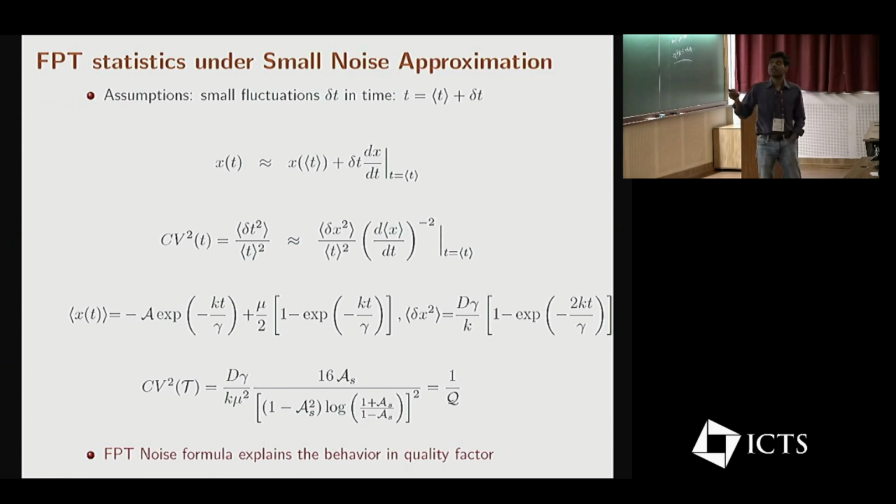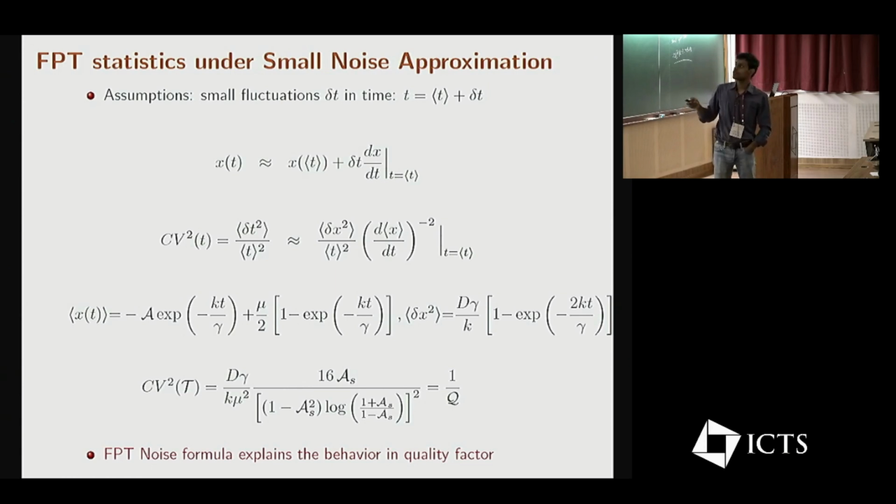Now the problem becomes very simple: Brownian motion in a harmonic potential, and this is exactly known. But the formula is really complicated, with error functions and double integrals, so we don't get analytical insight from them. What we did, knowing that oscillations are very precise, is a small noise approximation.